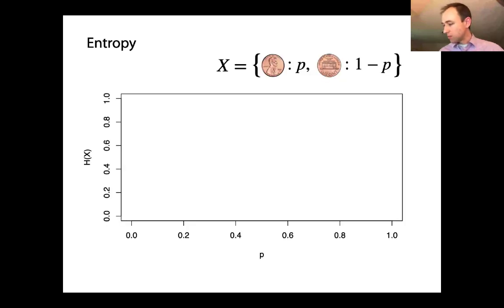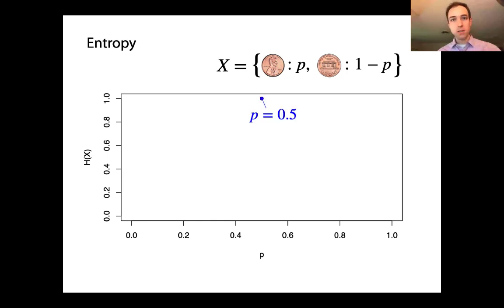Okay, so let's visualize not just the 2 points that we just discovered. Here's our coin flip random variable, but I'm letting the probability of heads now be the variable p. I'm going to vary p along the horizontal axis. I'm going to plot the Shannon entropy of a Bernoulli random variable, a random coin flip variable, that has that p on the vertical axis. So we know 2 points. 0.5 had a Shannon entropy of 1, so there's that point.